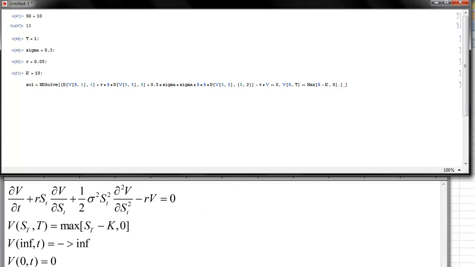Secondly, we say that we cannot put infinity here. Okay, that would confuse Mathematica. So we choose some arbitrarily large number that the underlying will probably never attain during this 1 year period. So we say, for instance, 100.